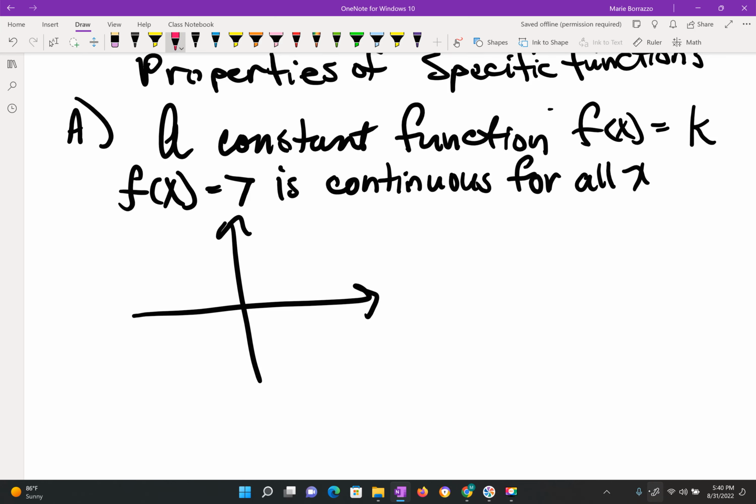So let's say hypothetically y is 7 here. F of x equals 7 looks like this. Okay? And that's continuous. There's an x here, there's an x here, x, x, x, x, x is your worst dating nightmare. Kidding. All x's are continuous, right?